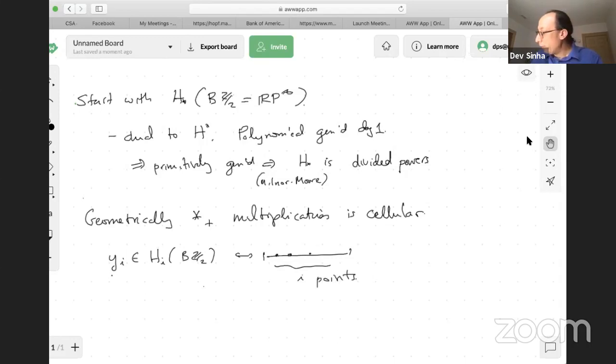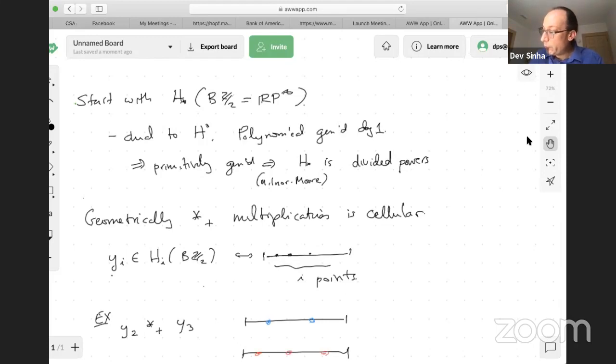And then what I can do is, let me just give an example. What is the picture of y2 multiplied by y3? Well, I'll use color. I've got, say, 2 points, and then I've got 3 points.